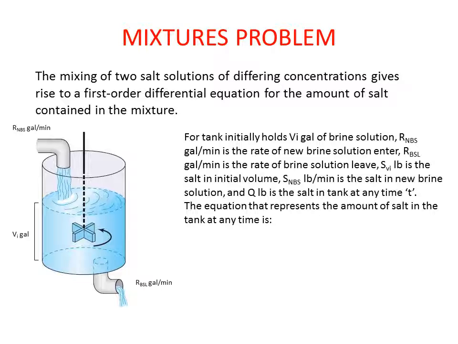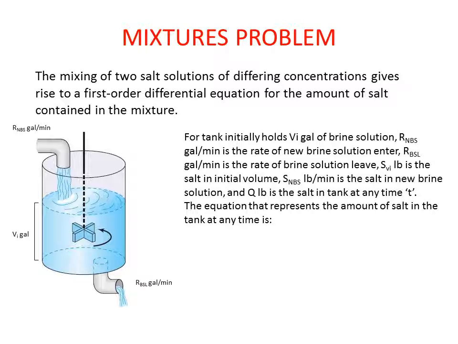For example, on our left hand side there is a tank. In the tank there is an initial volume that is denoted by VI, initial volume in gallons. There is a pipe from which the water is poured, and this rate of solution is denoted by capital R, and because this solution enters the tank, it is called new brine solution.